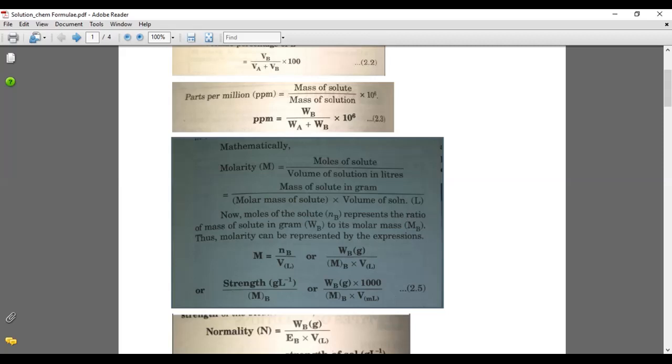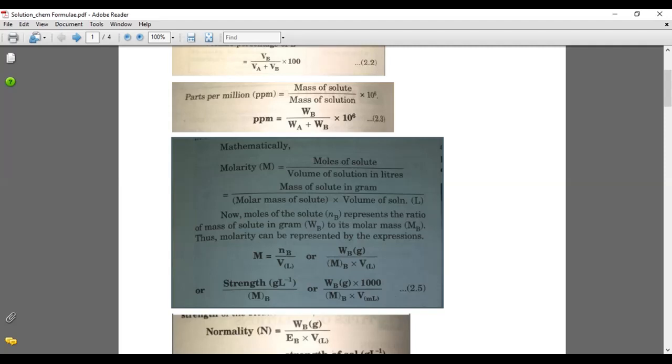Molarity is equal to number of moles of the solute, that is NB, divided by volume of the solution in liter. Suppose volume of the solution is given in milliliter, then it is to be converted into liter by dividing the volume by 1000.